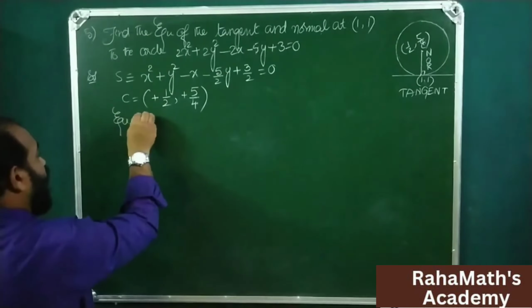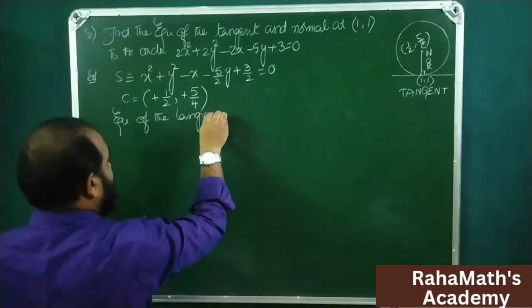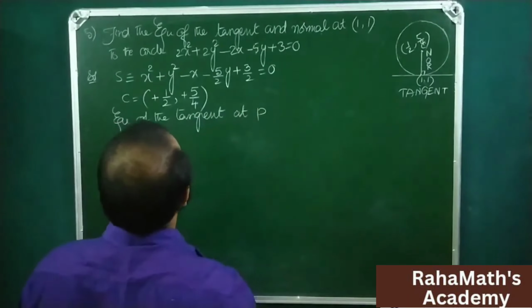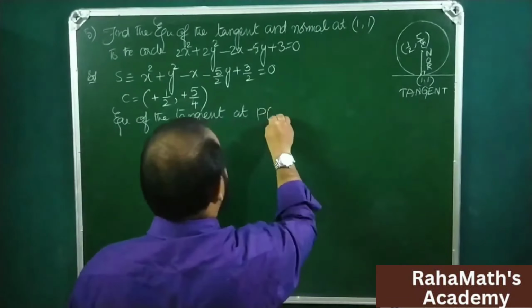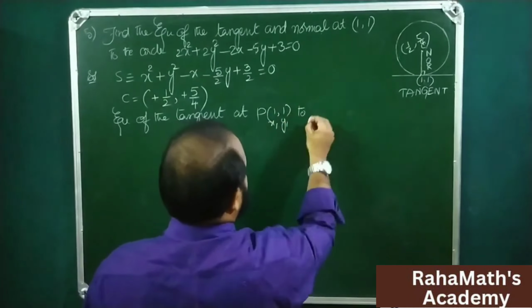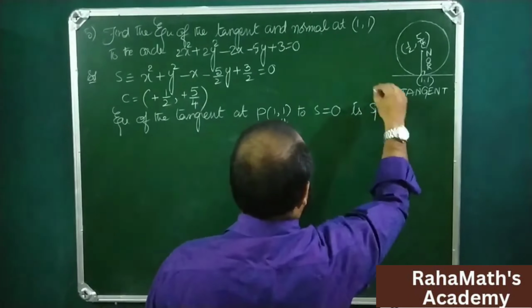Equation of the tangent at P (1, 1), which is (x1, y1), to the circle S = 0 is S1 = 0.